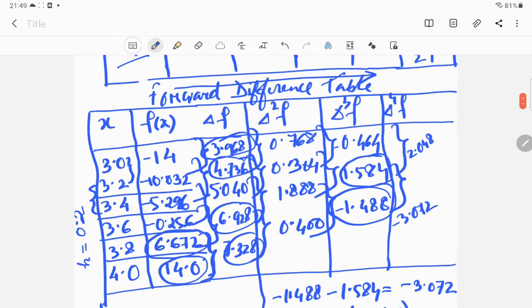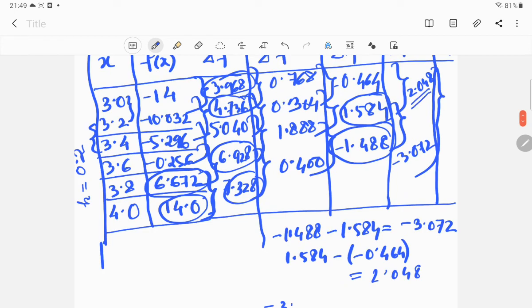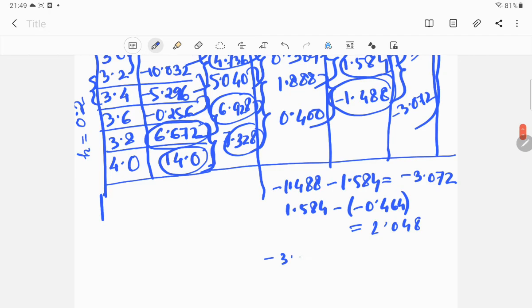Now we can find the fifth order difference. We have only one option left. For that we need to subtract 2.048 from minus 3.072.